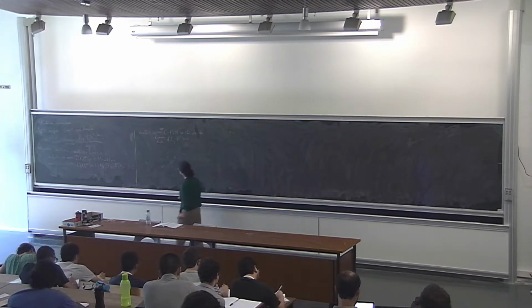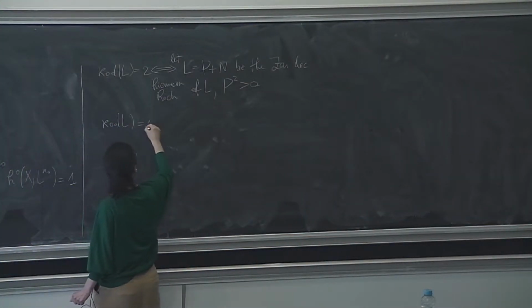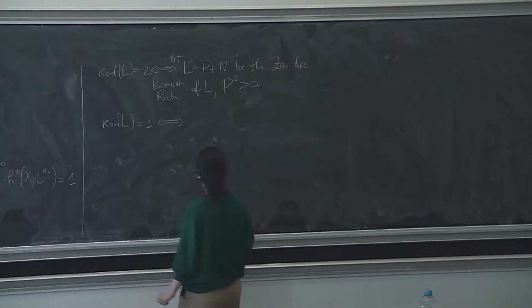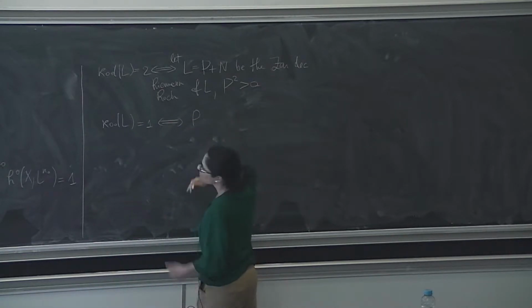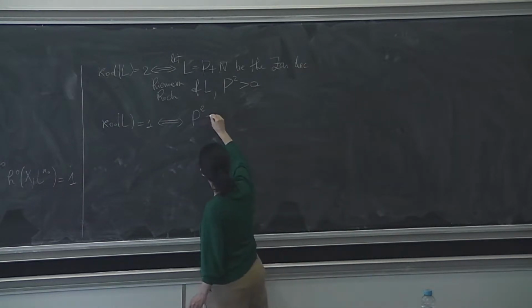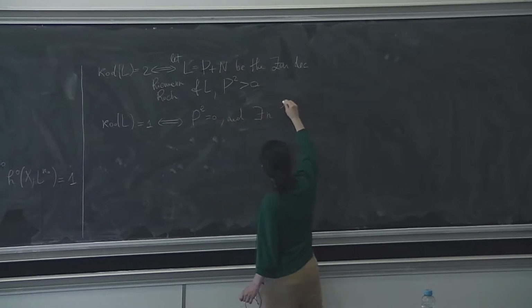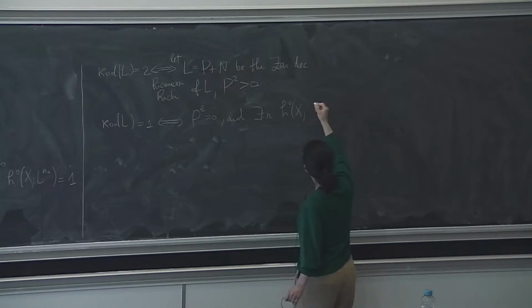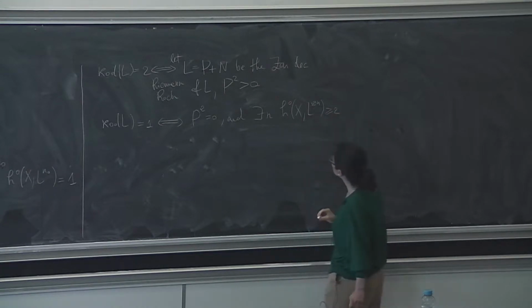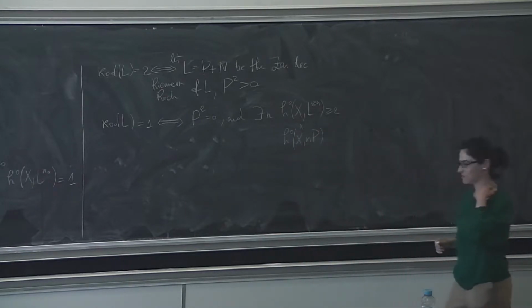Okay? And then when is it 1? Well, it's 1 if we are not in any of these options. So P squared is 0. And for some n, we have at least 2 sections. And this is also the space of sections of the positive part.